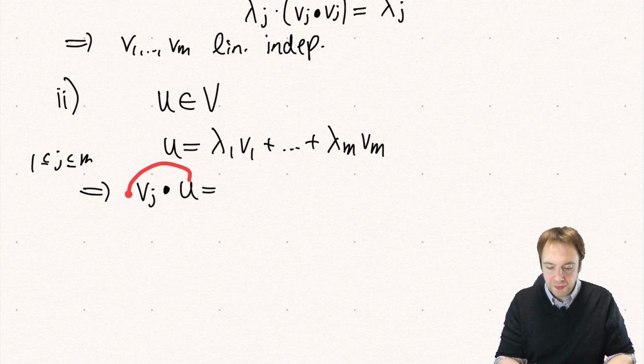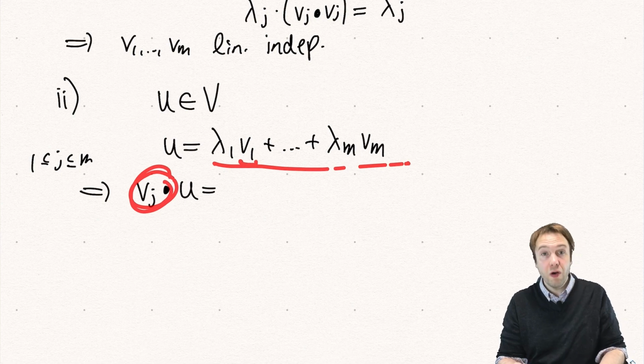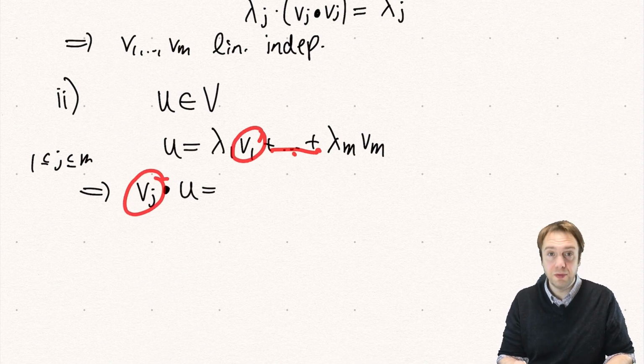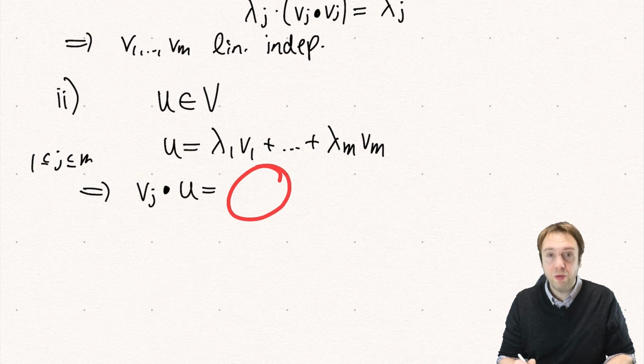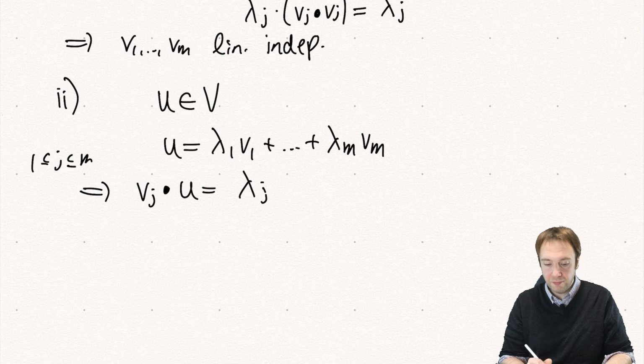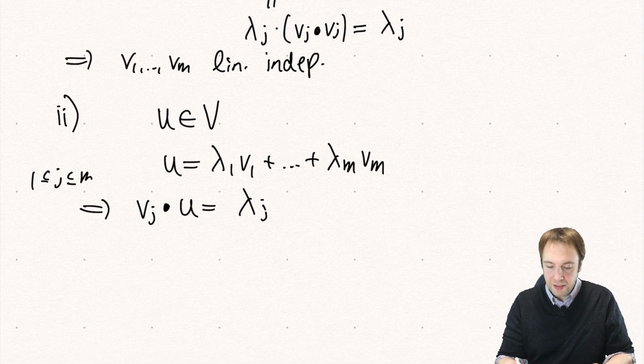Then on the left-hand side we have vj dot product u, and on the right-hand side, with the same argument as before, because the vj's are orthonormal, everything cancels out except for the term at the j-th position, where I take vj times vj, which is 1. So the only remaining part on the right-hand side is again lambda j. And this is what we wanted to show, namely that the coefficient lambda j is exactly given by vj dot product u.